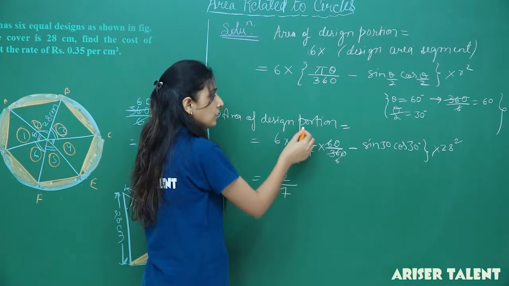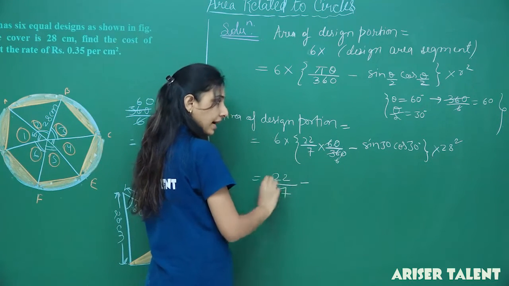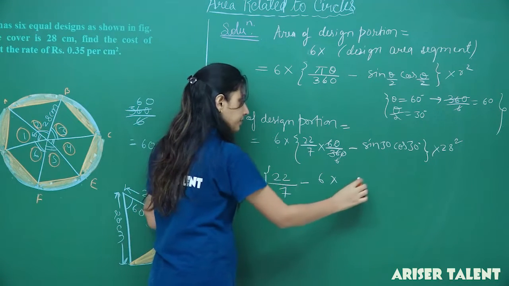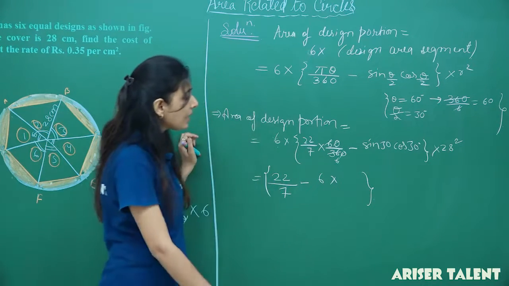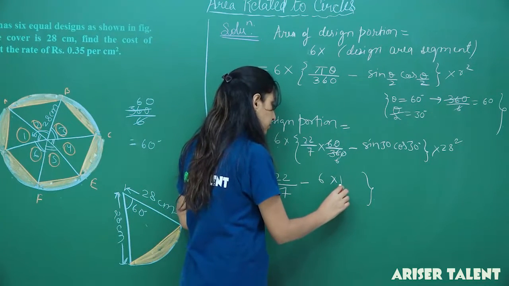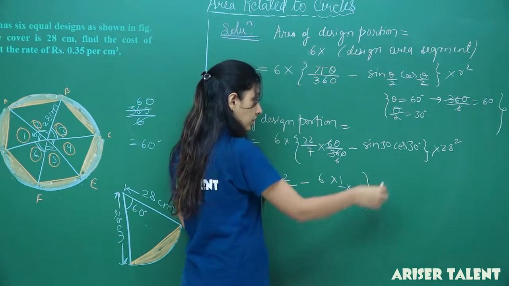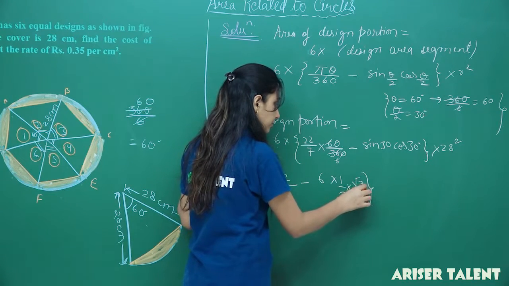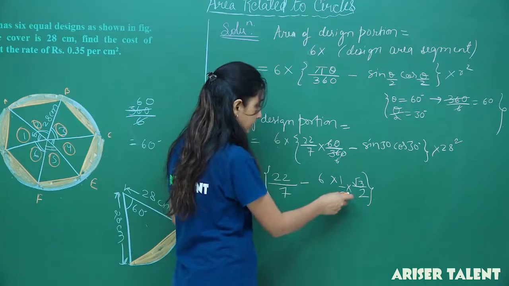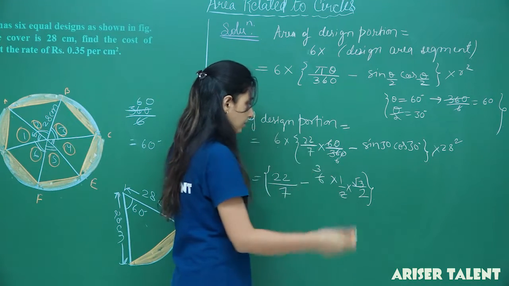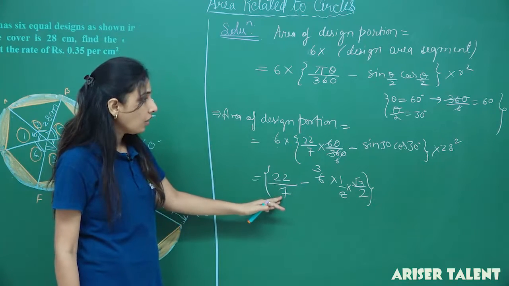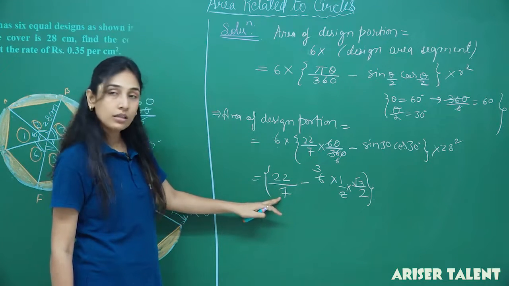So, this 22 by 7 is remaining minus 6, this 6 multiplied by what? Sin 30 value 1 by 2, cos 30 value root 3 by 2. Okay. So, can I here cut it by 3, right. Now, this 28 square, now it can be cut here, right.